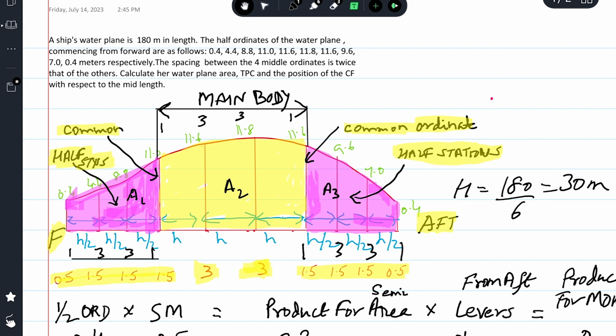He says the spacing there is twice that of the others. In other words, if the spacing in the middle 3 sections is h, then in the forward 3 sections and the aft 3 sections, the spacing is h by 2, half.